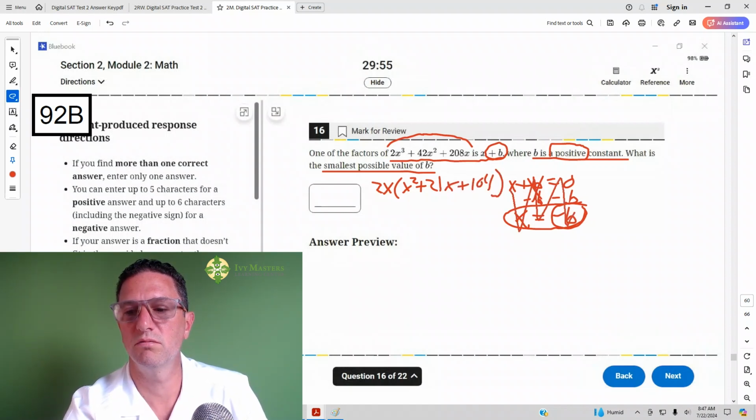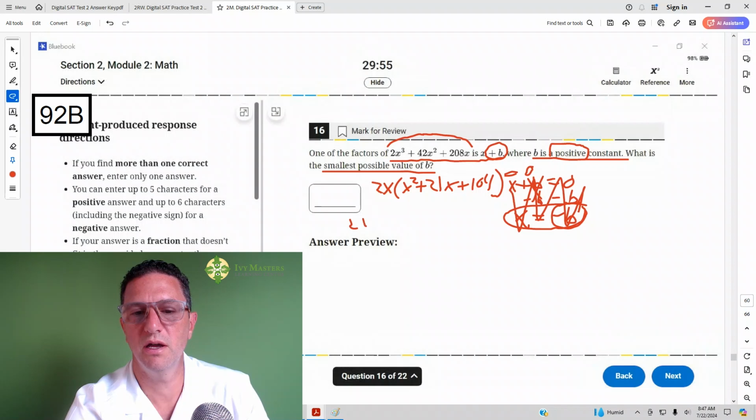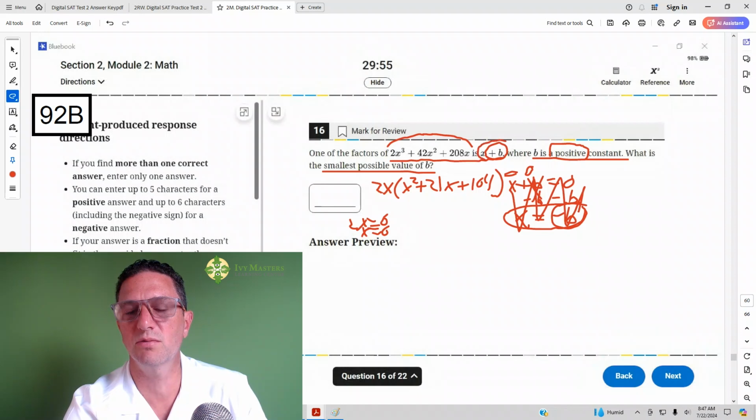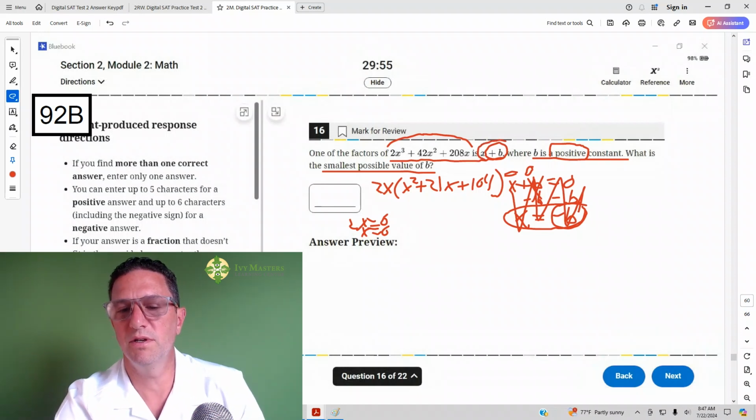This I'm going to ignore for now, because we're factoring it out. But the 2x, I could set that equal to 0. 2x equals 0. So that's where we get one of these solutions, x is 0. But again, I'm looking to form x plus b, and then b is going to be our solution.